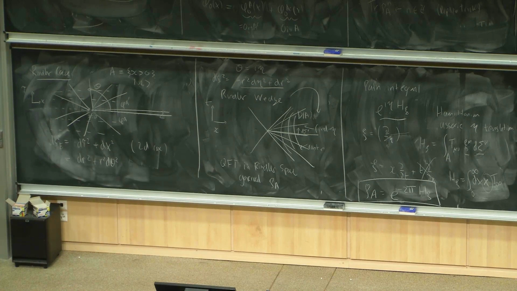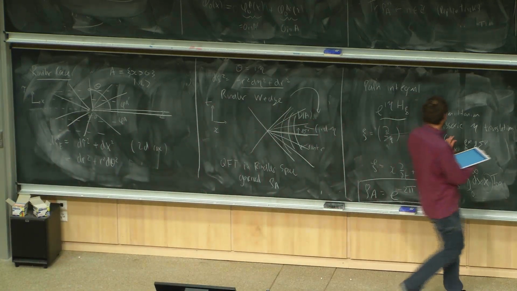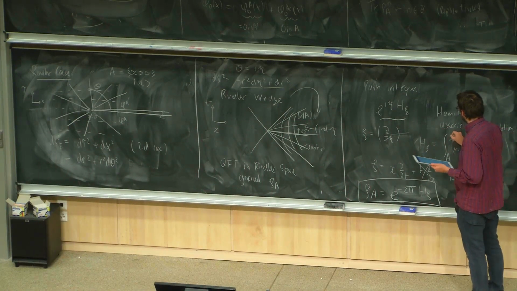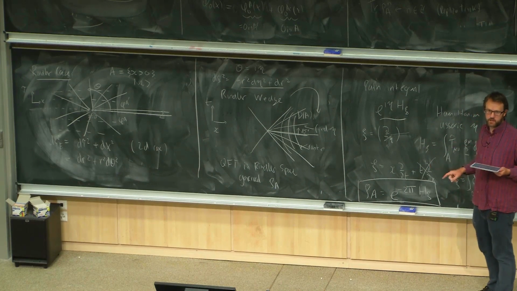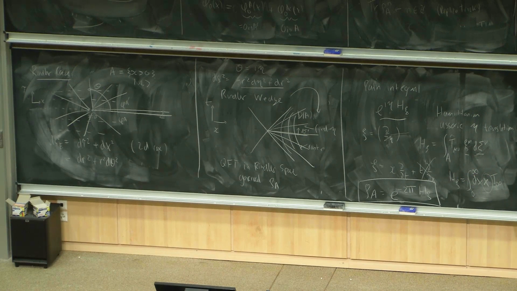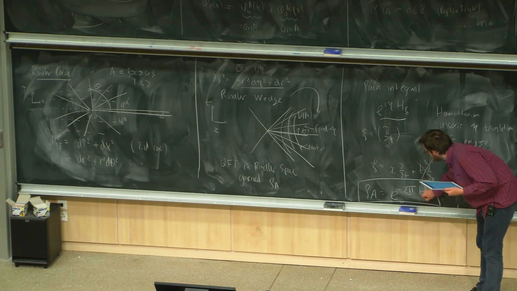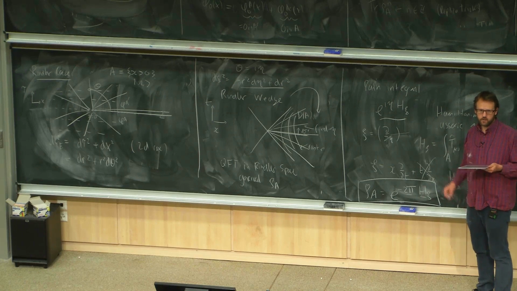Okay, so at the end of the day, we have an expression for the reduced density matrix that's very precise. It's written in terms of the stress tensor, right? It's determined by this operator, the stress tensor. Okay, and it looks like the Gibbs state, right? But it's the Gibbs state at some funny temperature for some funny Hamiltonian, okay?